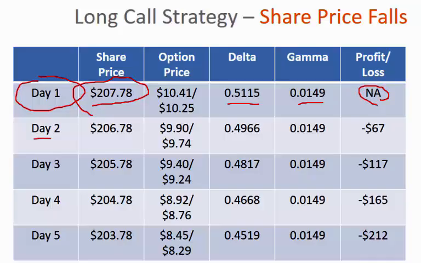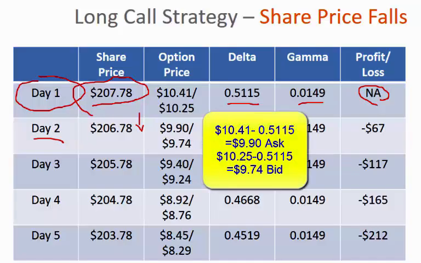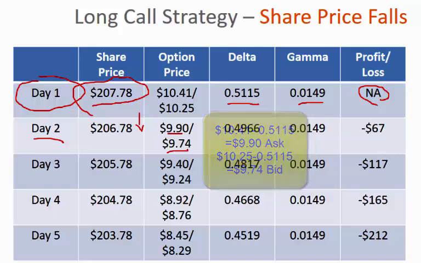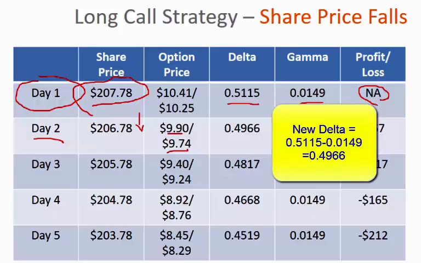So let's say we get to day two and the share price has dropped $1. Well, you'll notice that the bid and the ask will drop by the delta amount from day one. So that means that your new bid and ask will be 990 stroke 974. Your delta though will also change by the gamma amount.